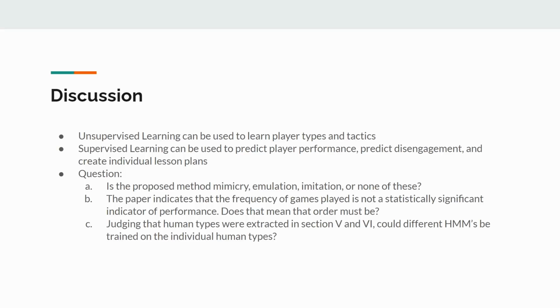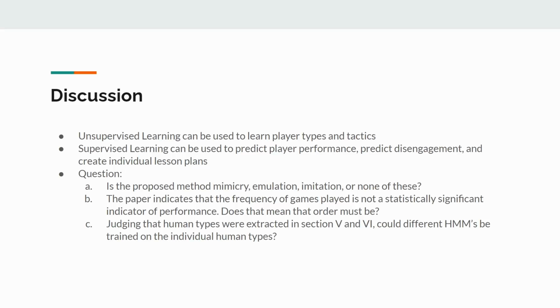So now that we've gone a little bit over the supervised approaches used in paper 2, we can conclude by going over once again the unsupervised approaches, which cluster the player types and the player tactics. The paper uses K-means and K-Medoids in order to accomplish this, and different player strategies can be extracted in order to gain insight into what actions the players take.